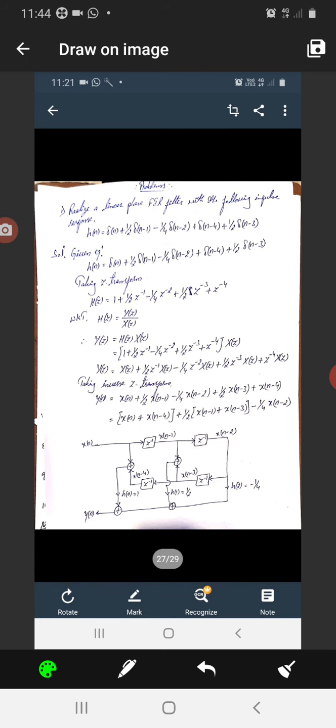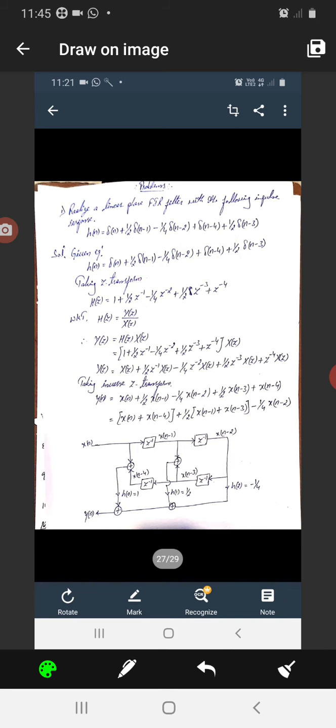First, take the given equation as it is. If it is in terms of a time domain function, then convert that to the z domain. To get the z domain equation, we have to take the z transform of the given equation. If I take the z transform, I will get H of z equal to 1, because for delta of n the z transform is 1. For delta of n minus 1, it is z raised to minus 1.